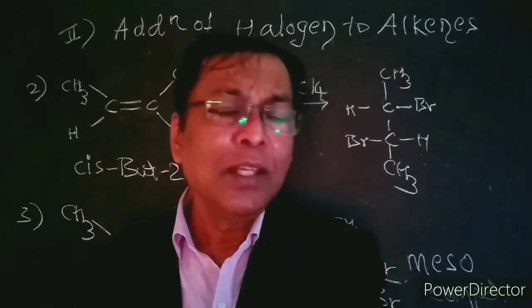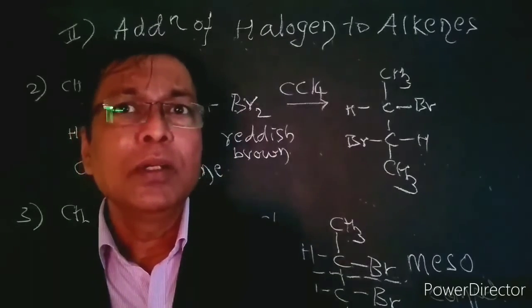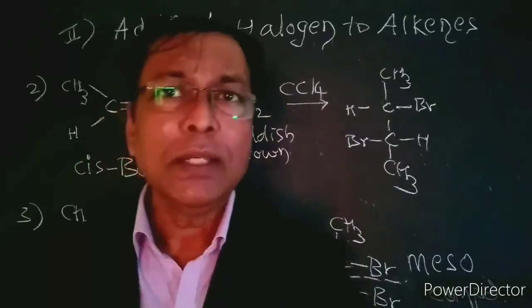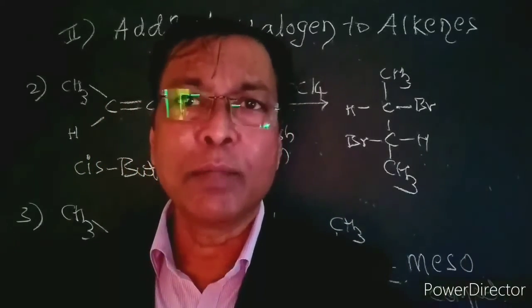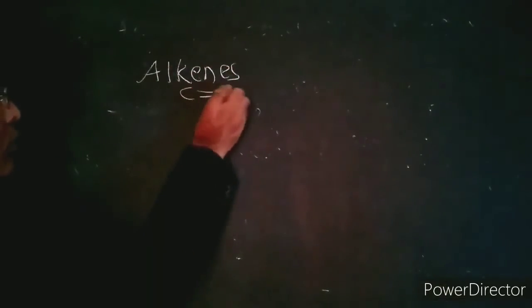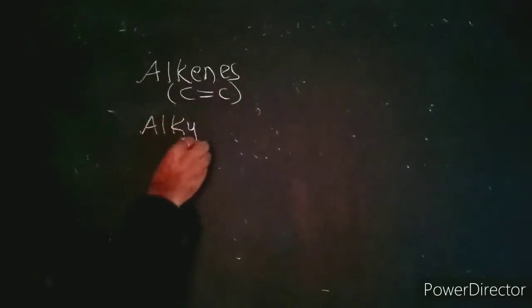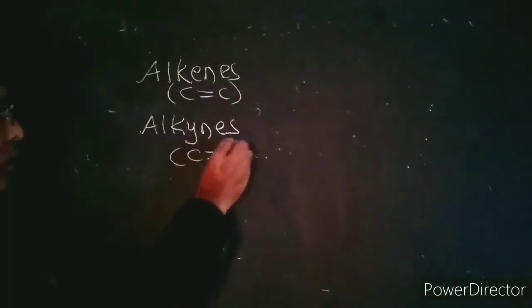In this way, we can detect the presence of a double bond and a triple bond in the molecule by using bromine water, that is bromine in carbon tetrachloride. That is alkenes, that is carbon-carbon double bond compounds, and alkynes, that is carbon-carbon triple bond compounds, hydrocarbons.